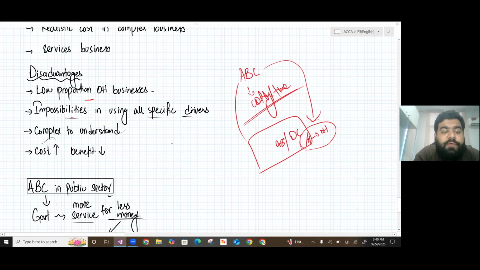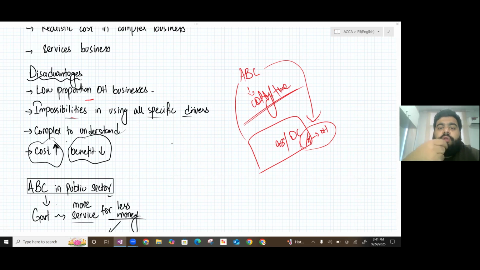And just understand this point: if the cost of implementing the ABC system is more and the benefit from implementing ABC is less, then it's a disadvantage to use ABC.